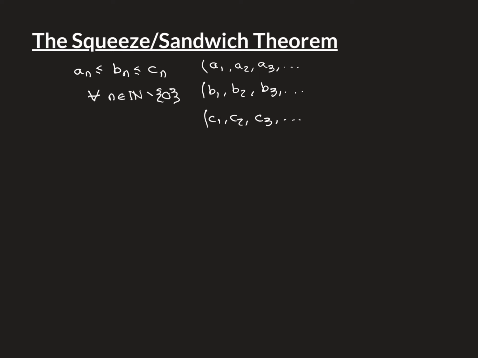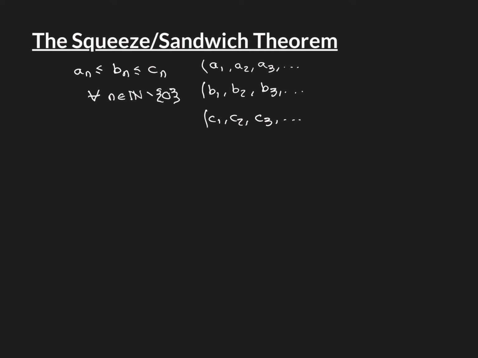And of course, this is a simplification. This isn't quite necessary. It might be the case that for a finite number of terms out the front of the sequences, this doesn't hold true. What's going to need to occur, however, is that eventually this is going to be true.